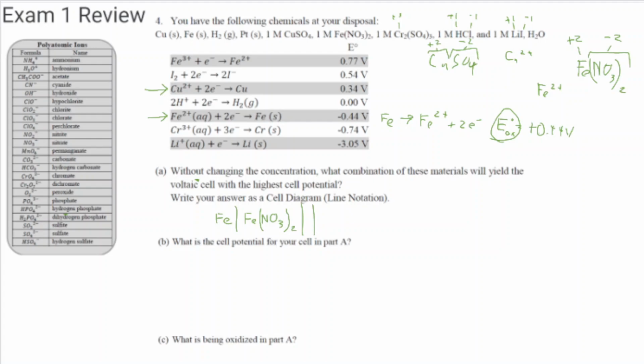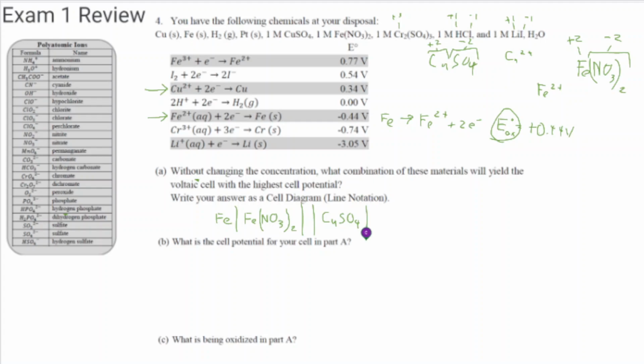And now we'll look at our reduction reaction. Looking at our reduction reaction, it's just the one written here. We're going to put our reactant first, so the thing that's consuming the electrons. So our copper 2 plus, you could just put copper 2 plus, that's perfectly fine. I'm going to put what it actually is, so we're actually drawing it from our copper sulfate solution. So I'm going to put copper SO4.